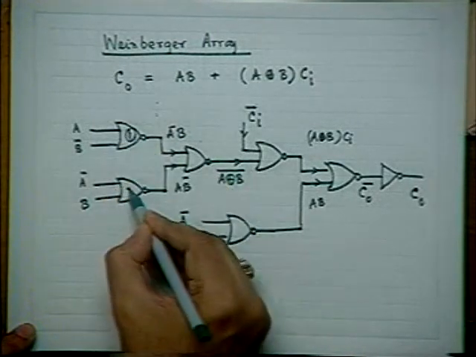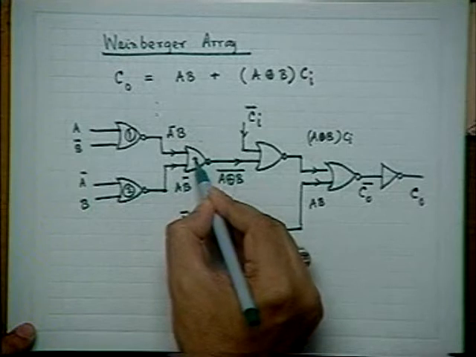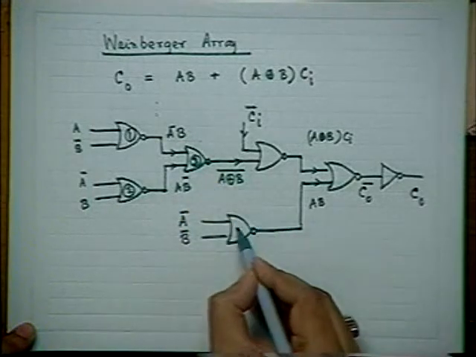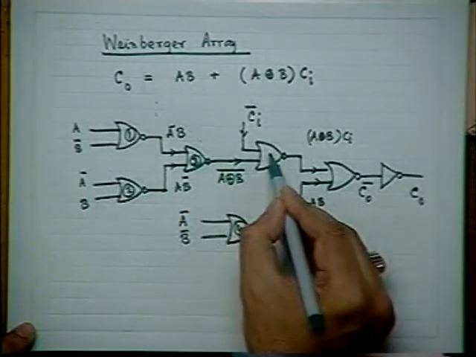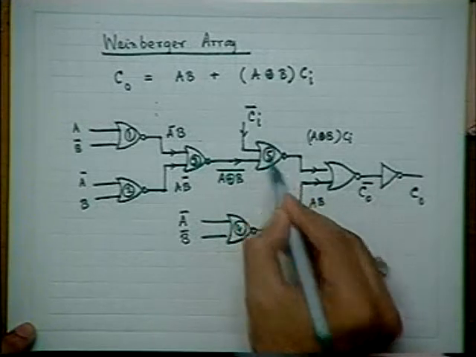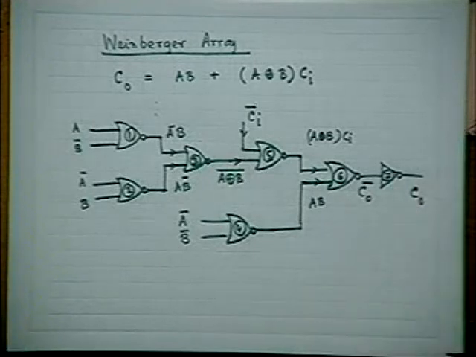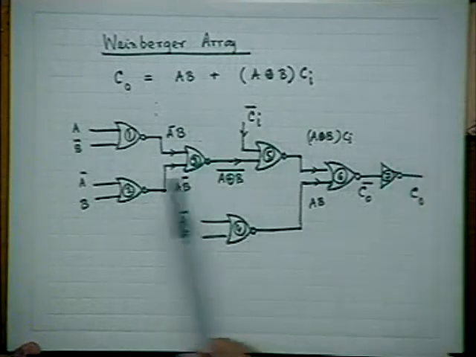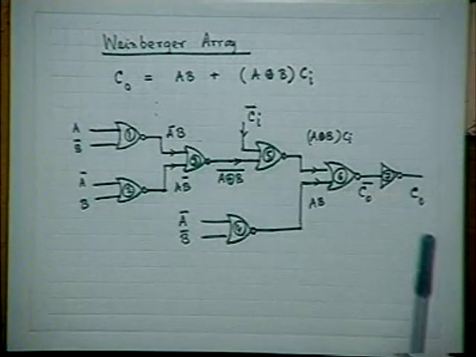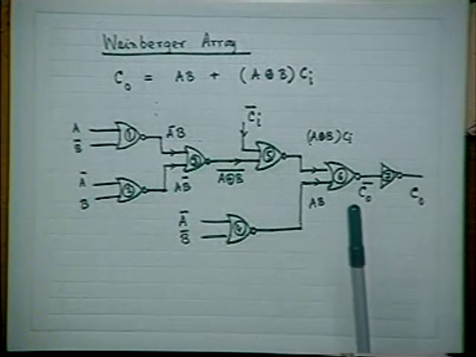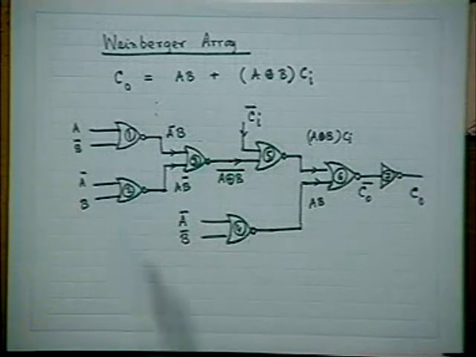Number 1, number 2, 3, 4, 5, 6, 7. So you see that to realize this one, I had to use 7 NOR gates, and assuming that all the functions and their complements are available. That's what we normally do.